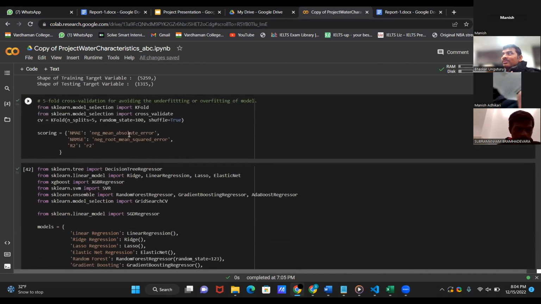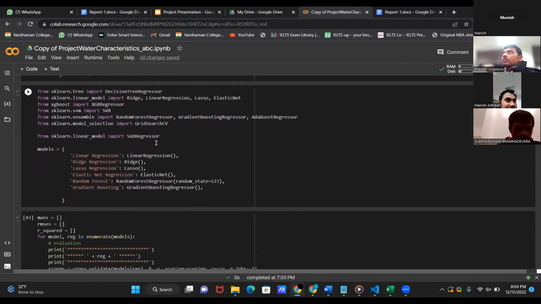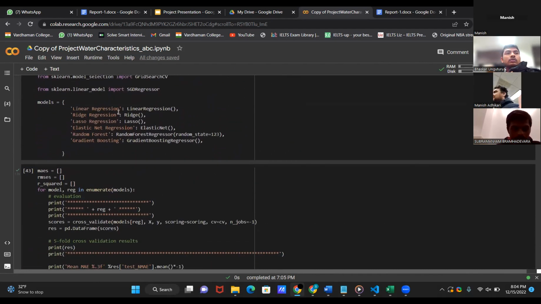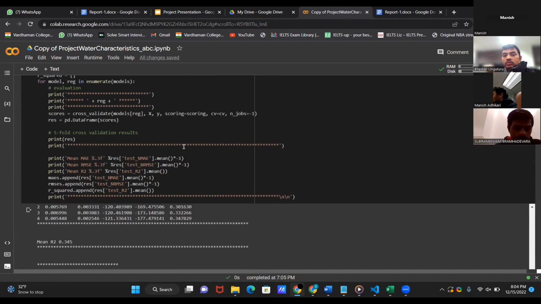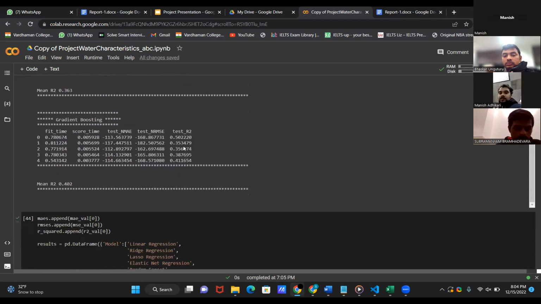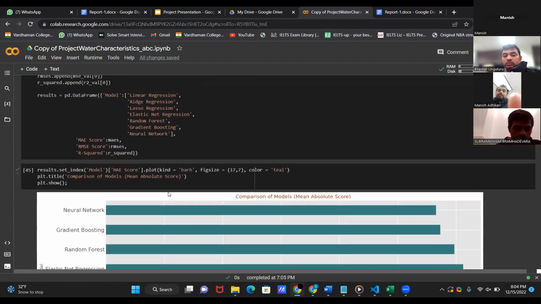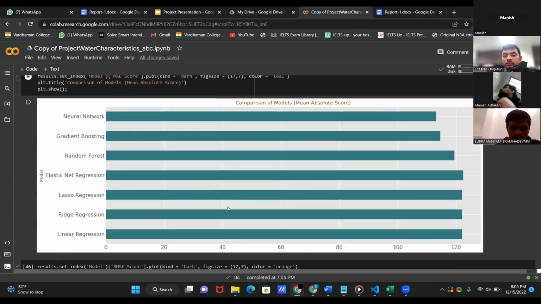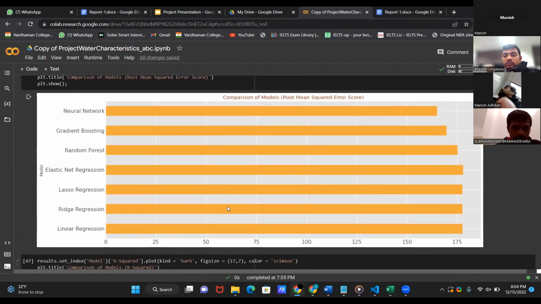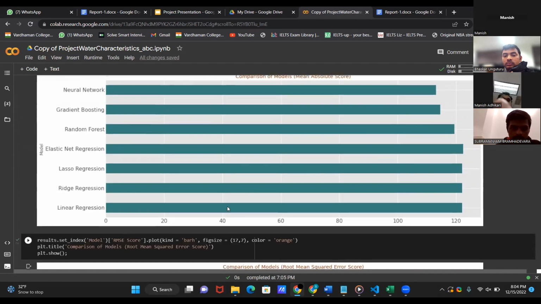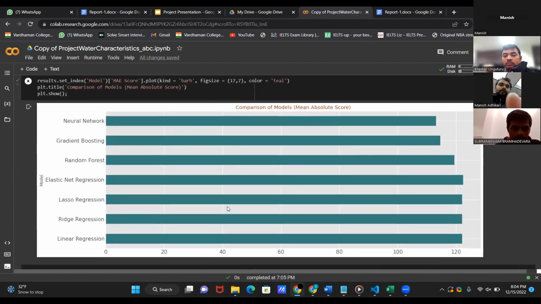After doing that, we have done K-fold. Then we have run several different regression models. From those regression models, we'll select the best one. So these are the different metrics for that.